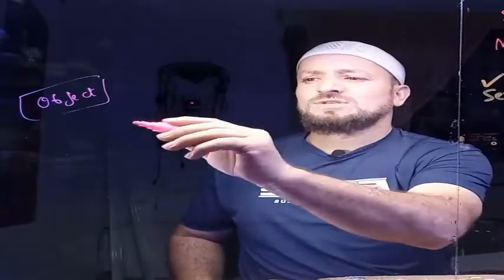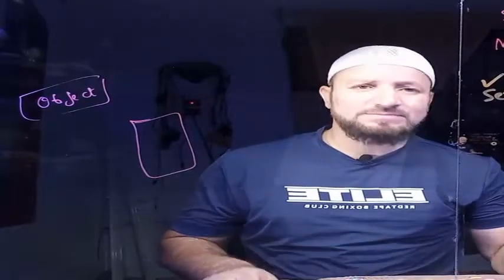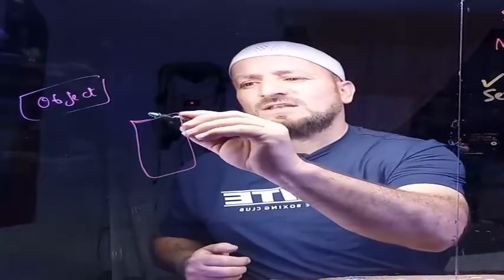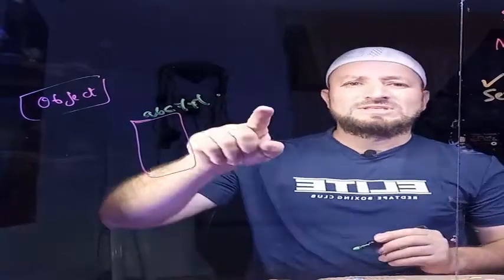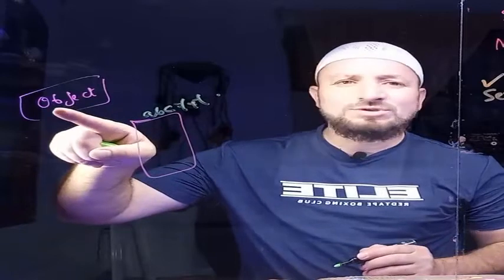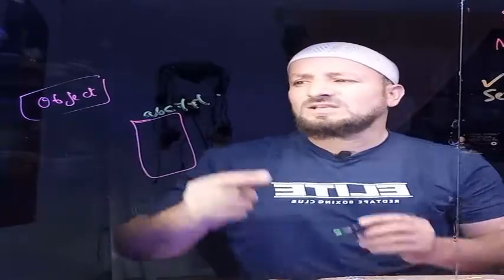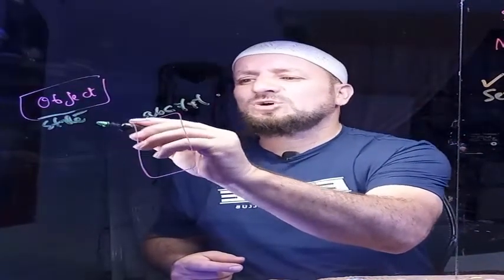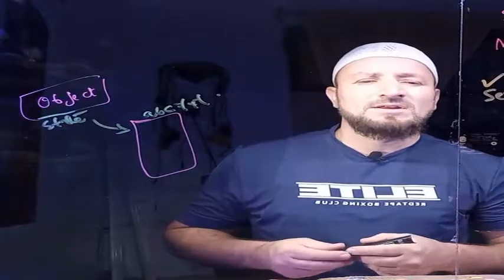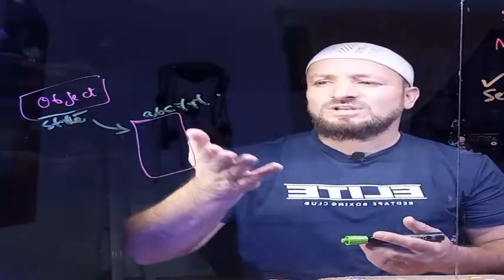So this is some file, its name is abc.txt, and you want to store this object into this file. Why do you want to store this object into a file? Basically, we want to store the state of this object into this file.